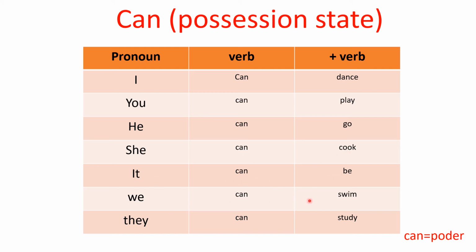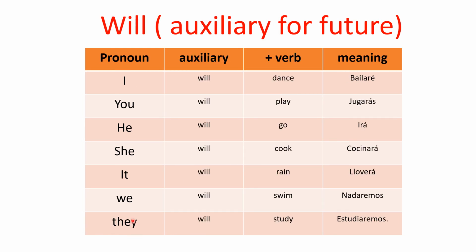We can swim. And they can study. Do you see? And we make a sentence here with these three steps. Pronoun, verb, plus another verb. Okay?